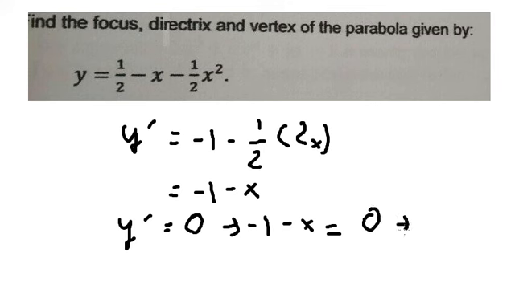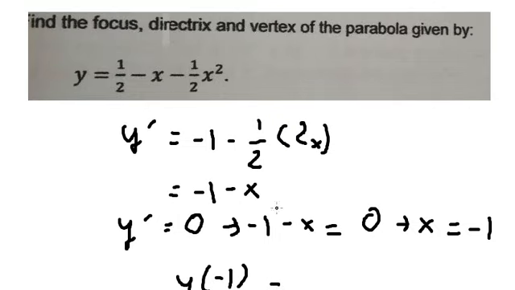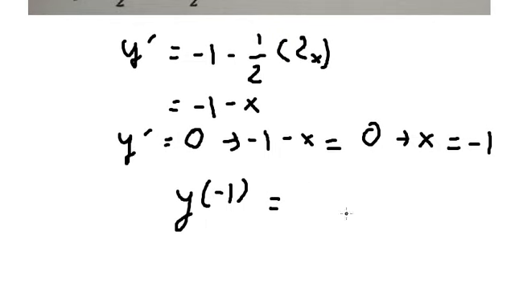So we get x equals negative number 1. We put x equal to negative number 1, go back to this function in here, and we get positive number 1.